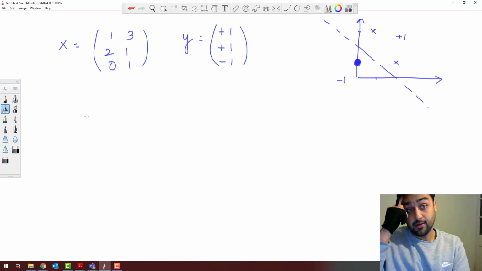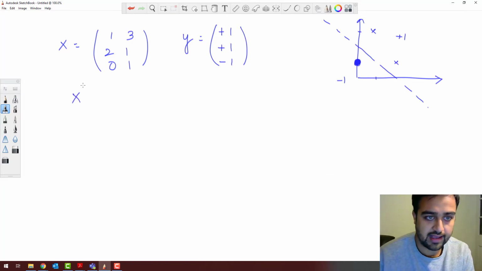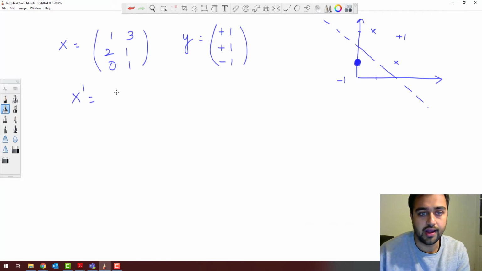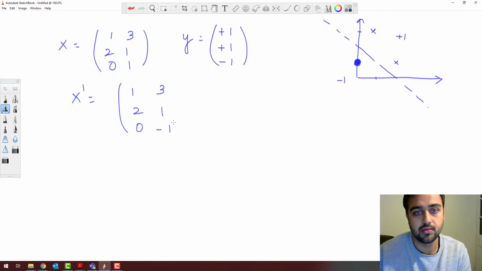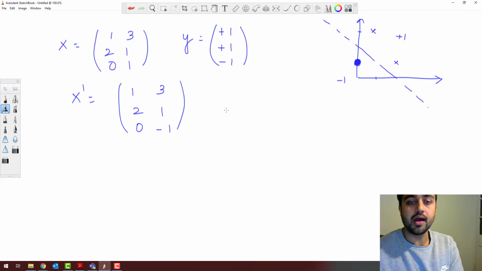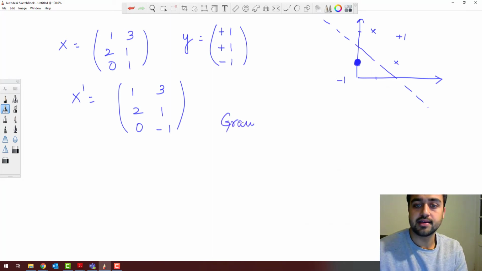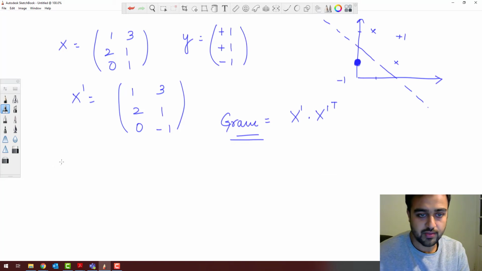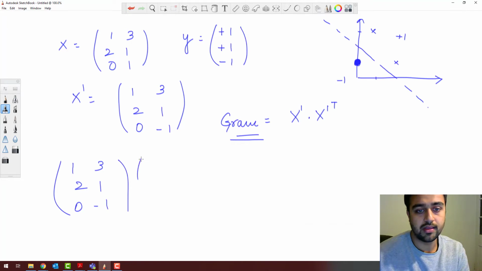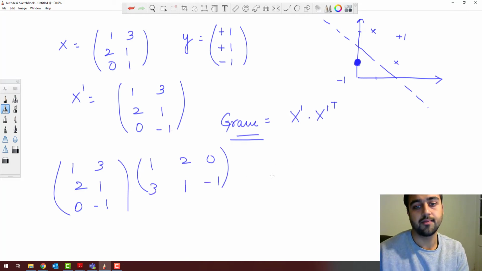Now in order to do that, first we would need to find x dash. x dash is nothing but x into y, x dot y. That would give us 1, 3, 2, 1, 0, -1. Once we've found our x dash, our gram matrix is defined as x dash transpose x dash. So in order to find the gram matrix, we need to multiply 1, 3, 2, 1, 0, -1 with its transpose, 1, 2, 0, 3, 1, -1.